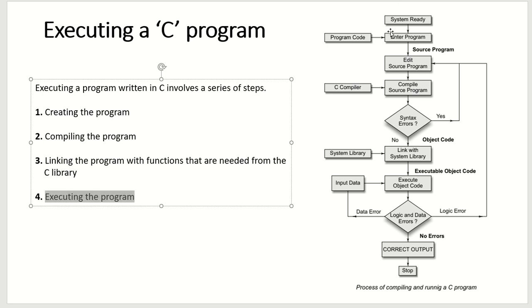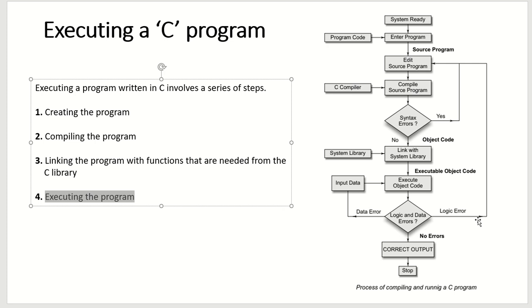So here is the flowchart: the system is ready and you enter your program, your program code. Okay, if you want you can edit your program also, but once you are done with that, next is to compile the source program. In that case, if you find any syntax error, then go to edit the source program. But if no syntax error, then you link with the system library, and in response it will generate executable object code, and then it will check whether you have any logical or data error.